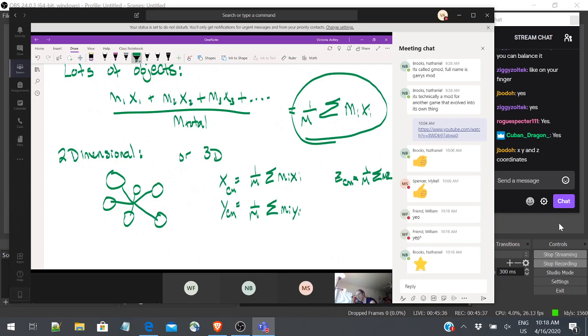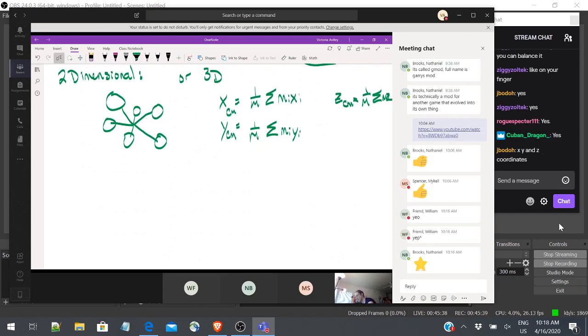Okay. So what if it's not just a couple of individual objects? What if it is what we're going to call an extended object?